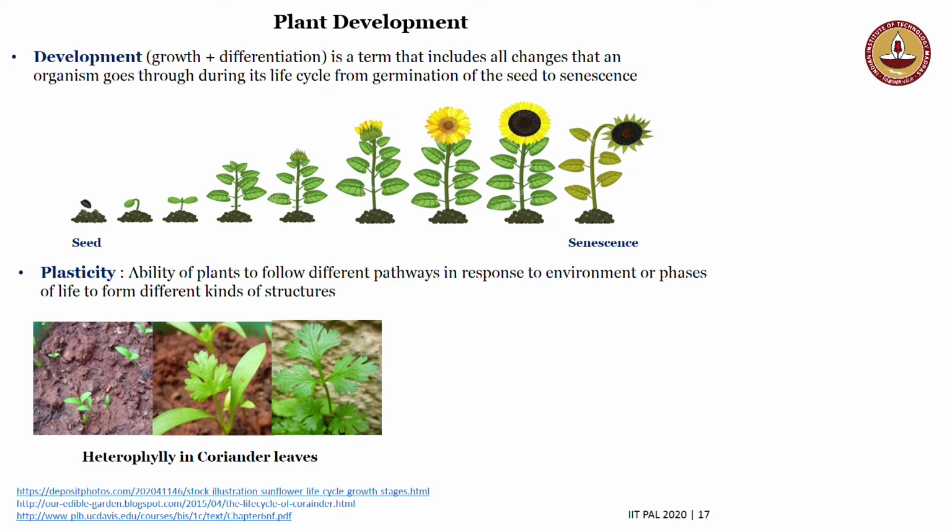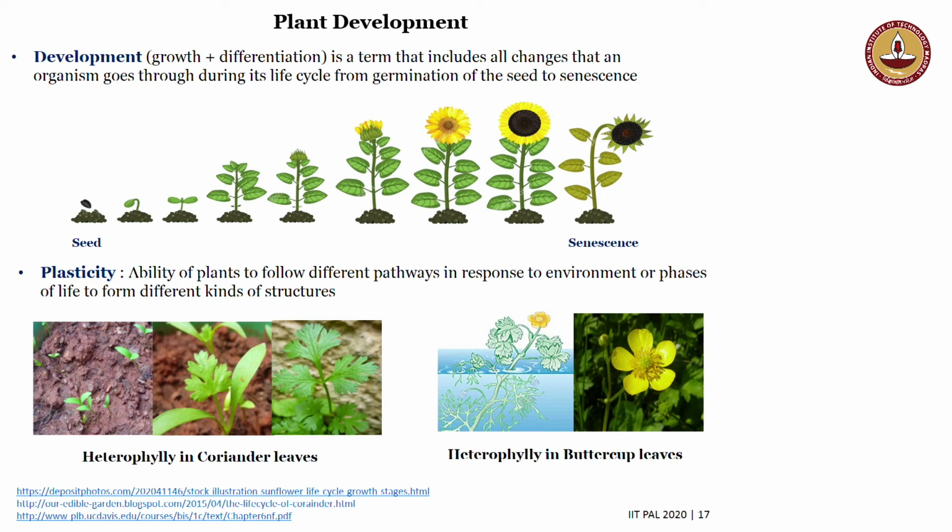It gets broadened. Another example in nature is the heterophylly in buttercup leaves, where the leaves which are under the water have a thinner morphology, while those exposed to the aerial region, well exposed to the sunlight, change their leaf structure and become broad and widen.